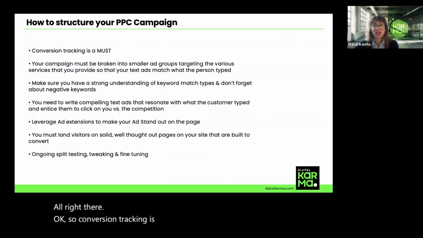This is what we have just talked about. Quality score: a high quality score means lower cost per click, and that keeps you in the top spots for high-intent searches like pest control near me, rodent exterminator, termite inspection, or bedbug treatment. These are your money keywords.